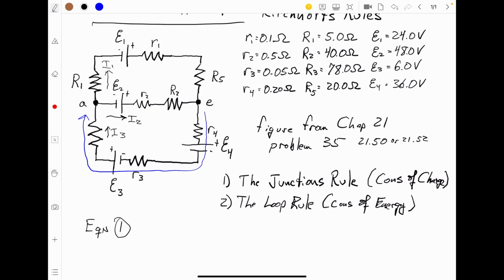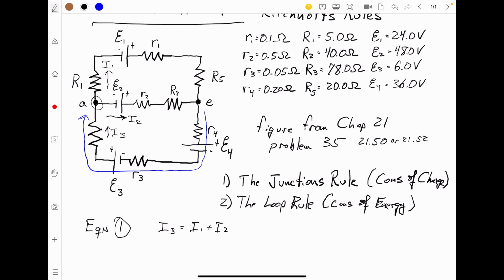Equation 1: if we go to point A and look at all the current going into point A, the only one going in, if you look closely, is I3. So I3 is going in, and that has to equal all the ones going out. I1 is leaving A, and I2 is leaving A. So I1 plus I2.